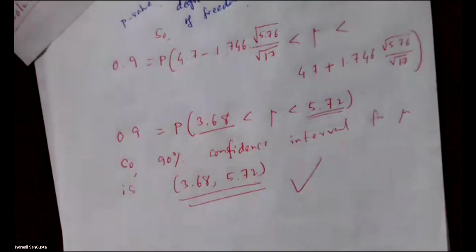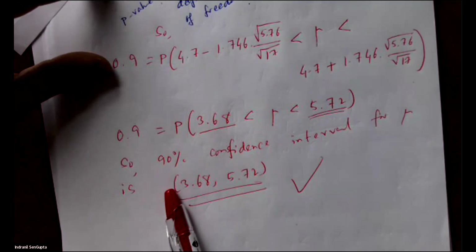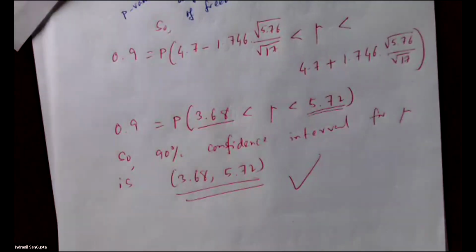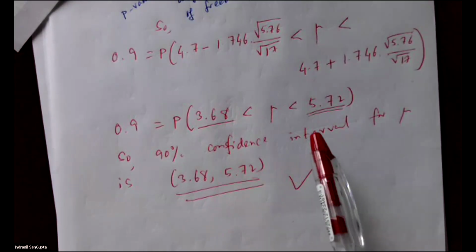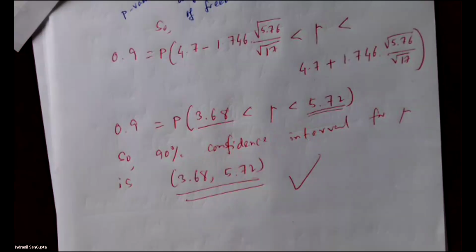There's a high chance, 90%, that mu lies between these two numbers. That is the estimate you are making based on your sample mean. The final decision is up to you, but the chance that mu is between these two, based on the sample estimations, is this.